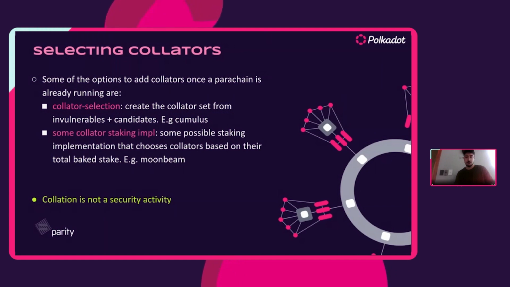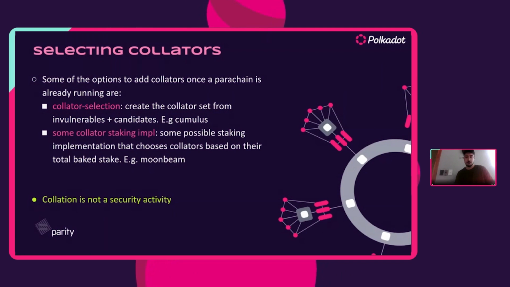These two will be mainly used when the parachain team wants to open their collator set to the community and onboard other people to run collators for them, rather than the ones that have been set up in the chain spec or in the invulnerables state, right?